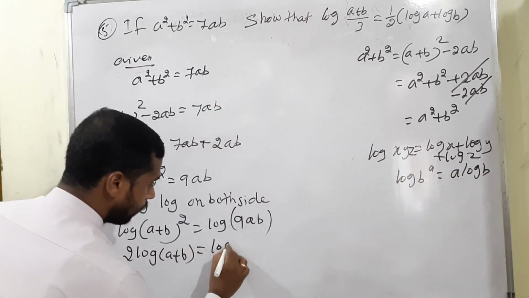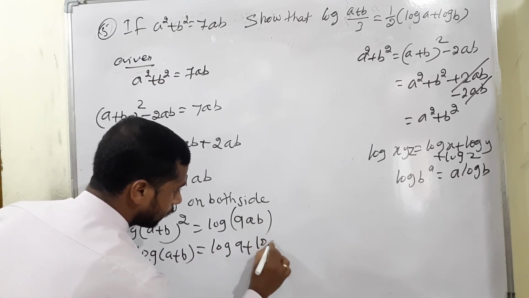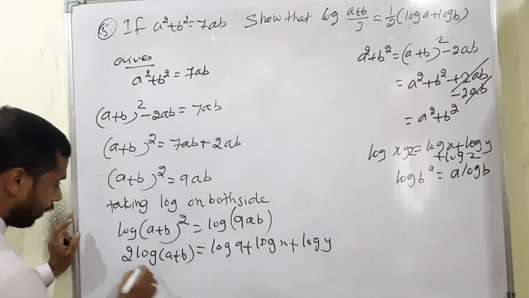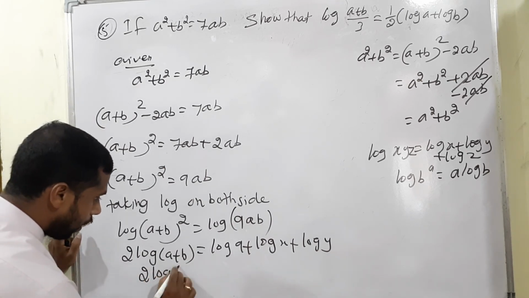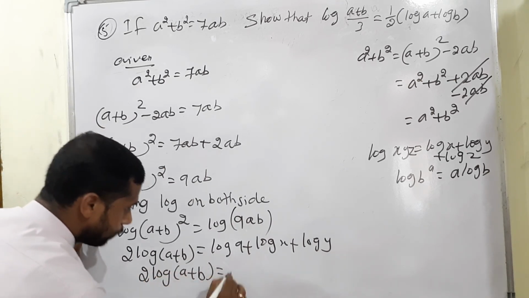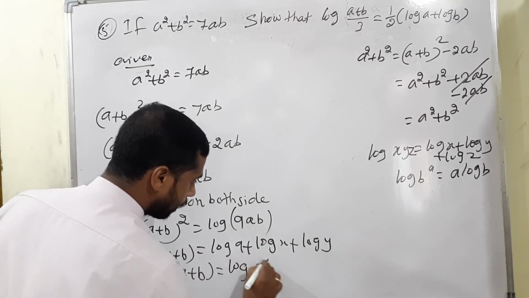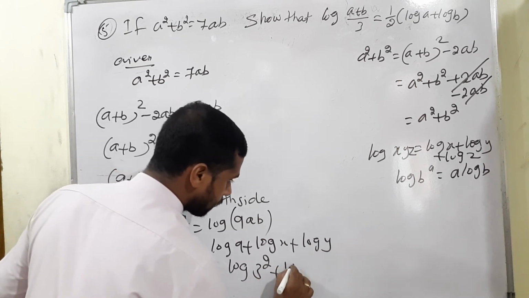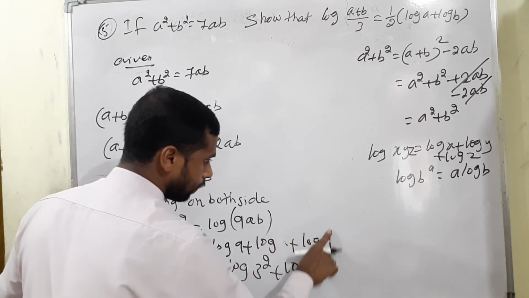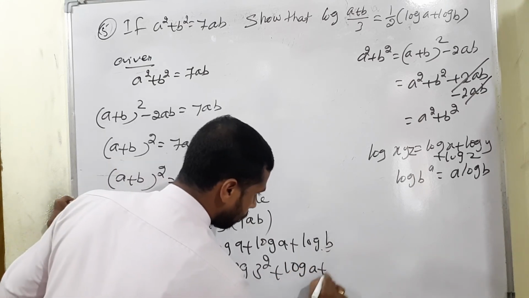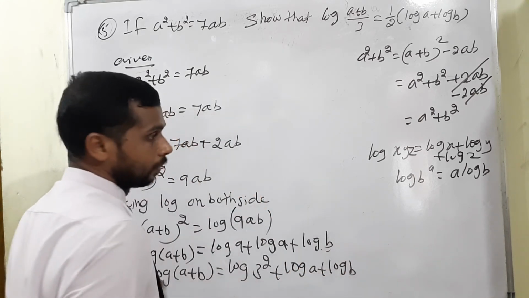Therefore here log 9 plus log a plus log b. Again, 2 log (a plus b) is equal to log 9, we can split it as 3 square, plus log a plus log b.